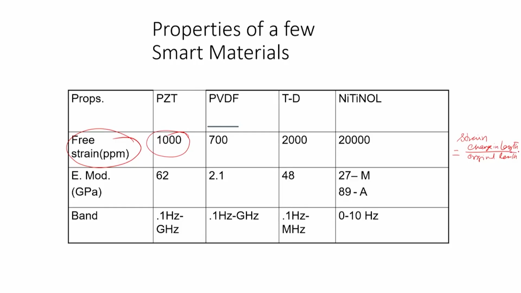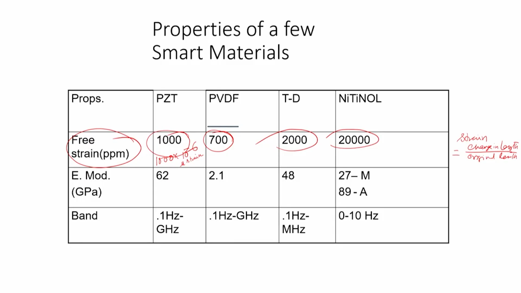Here it is 1000 parts per million, which means 1000 into 10 to the power minus 6. Sometimes we also call it micro strain. So, 1000 is for PZT, PVDF 700, Terfenol-D is more, 2000, Nitinol is the maximum, 20,000, which means it can show a very large change in strain.